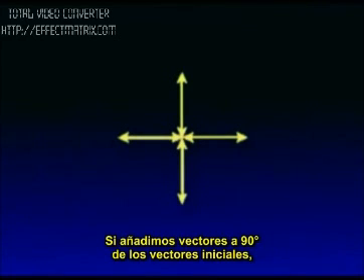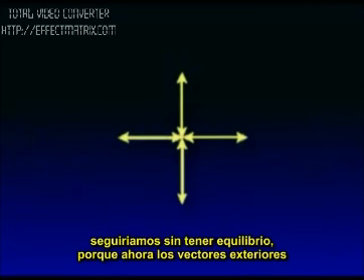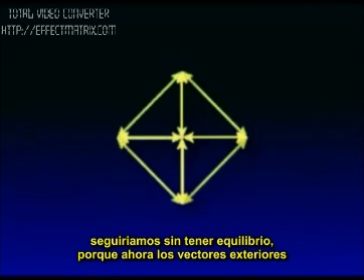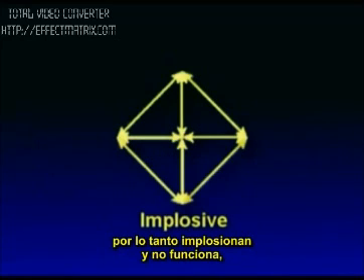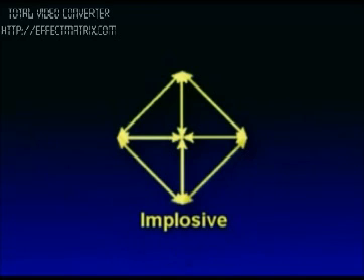If you add vectors at a 90-degree angle from the initial vectors, you're still not going to get equilibrium because now the edge vectors are longer than the vectors to the center, so they're stronger, it implodes, it doesn't work. No equilibrium. So what would you do?